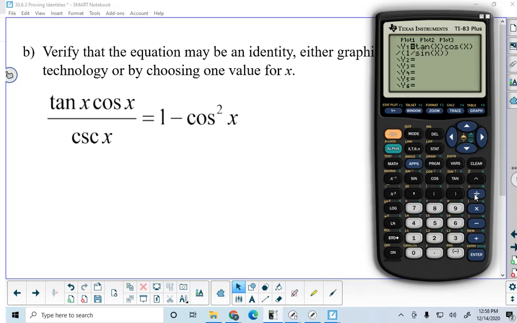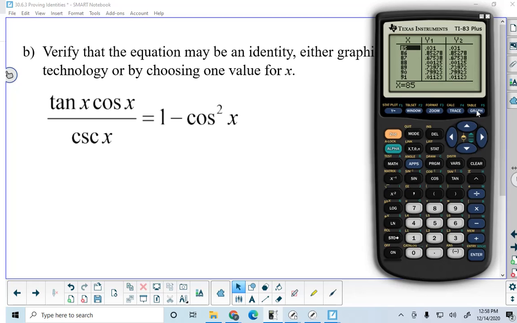And then on the right-hand side, it's 1 minus cosine squared of x, and we know by now that you enter cosine squared. It looks like cos of x squared, but it's not. You enter it that way. So tan cos over cosecant. And we have one of two things we can do. We can go to our table.